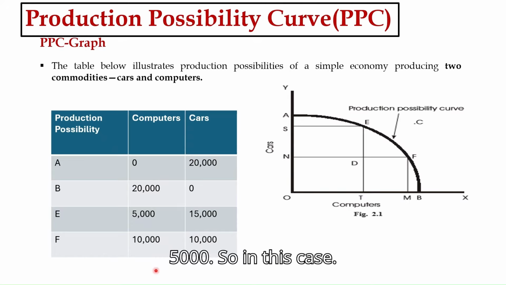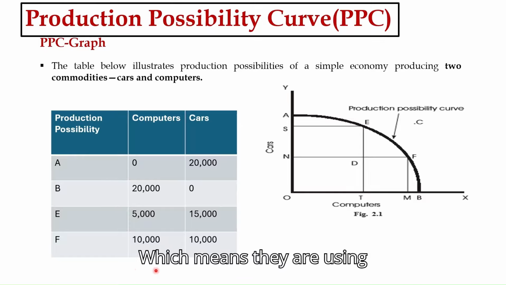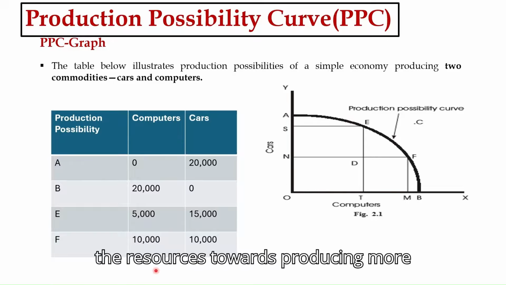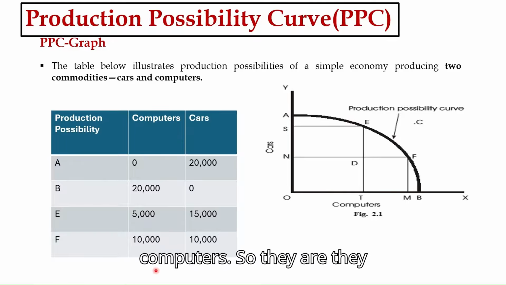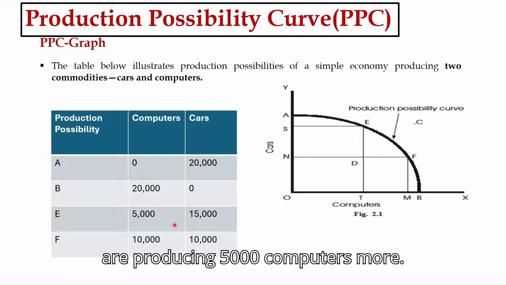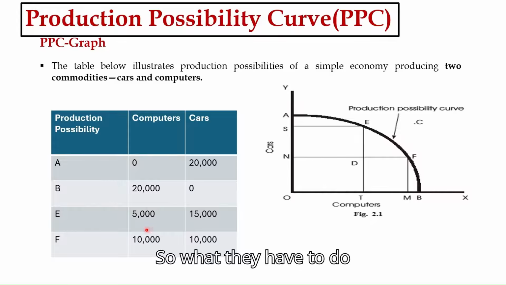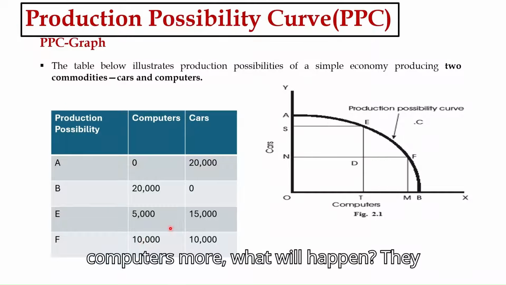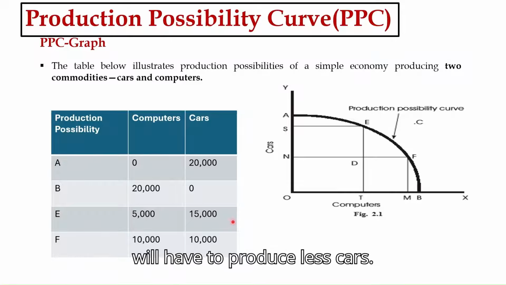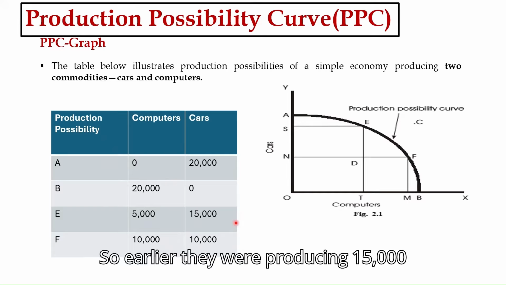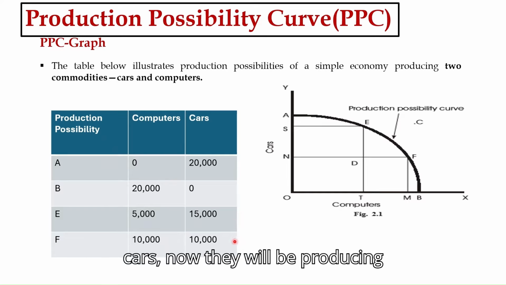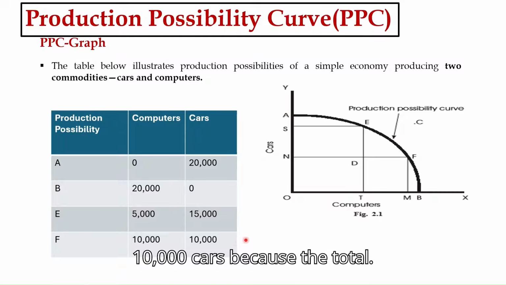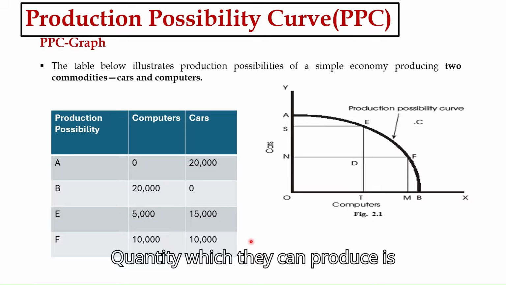They are using the resources towards producing more computers, so what will happen? They will have to produce fewer cars. Earlier they were producing 15,000 cars, now they will be producing 10,000 cars, because the total quantity which they can produce is 20,000.